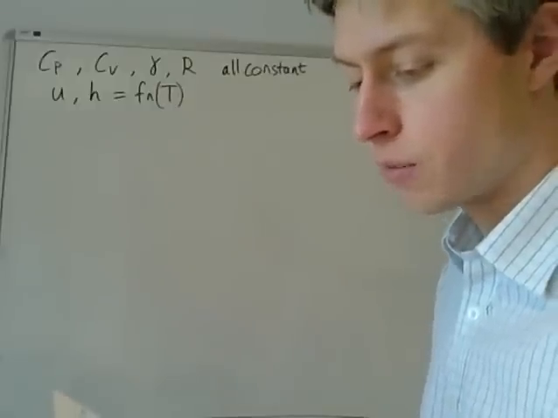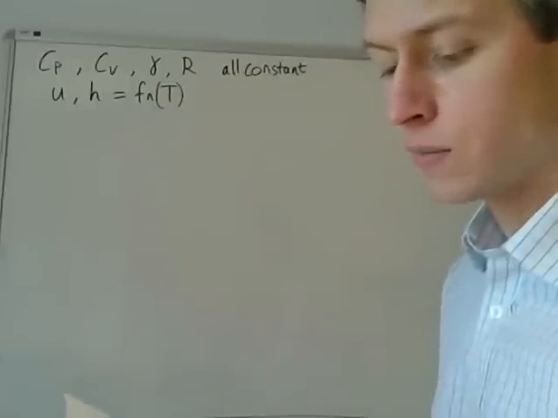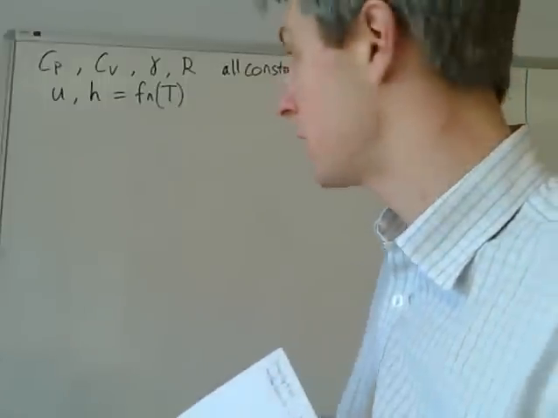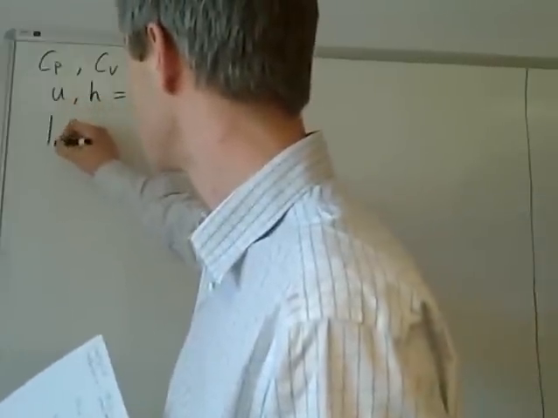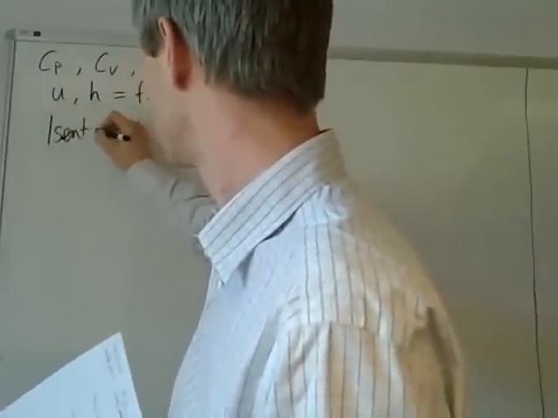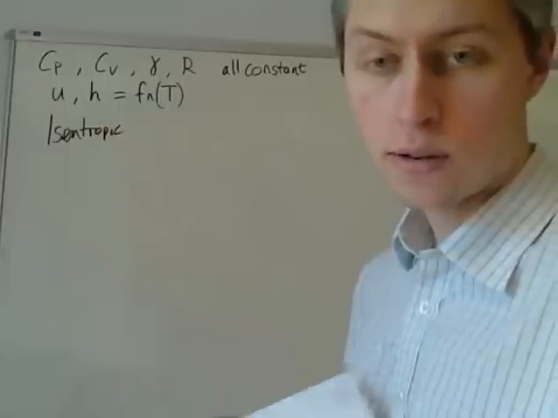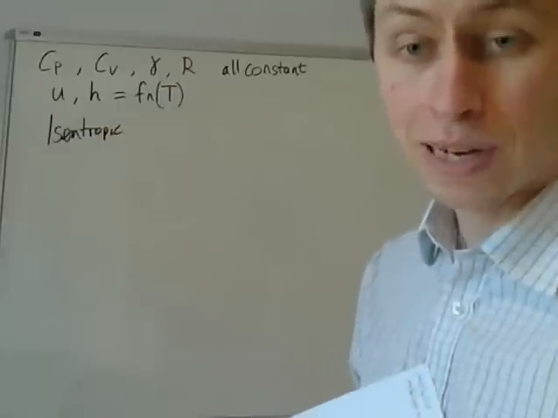The next part is compressed reversibly and adiabatically. And what does that tell us? If something's reversible and adiabatic, it's isentropic. And if it's an isentropic compression, we can use the isentropic relations.